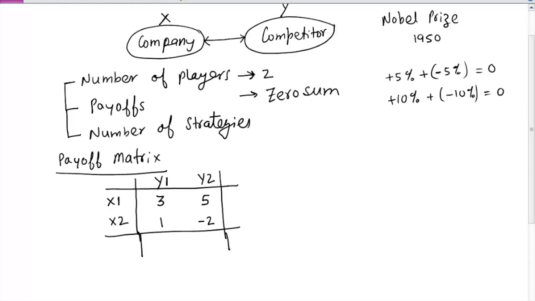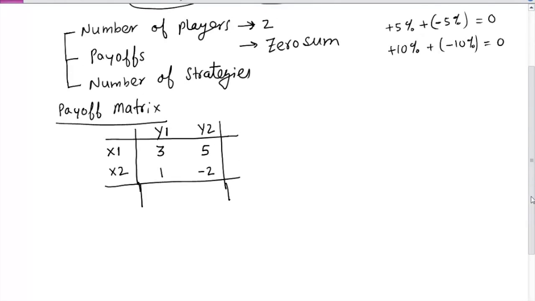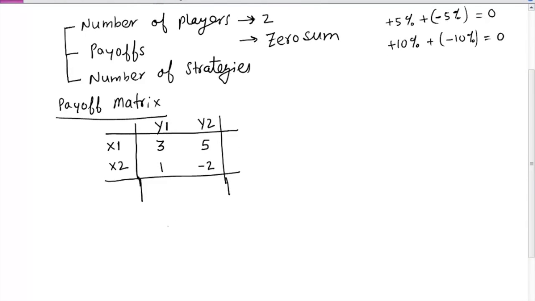So now if you consider player Y and the strategies used by player Y, when player Y chooses first strategy, what will happen is, if X chooses first strategy, Y will lose 3, and if player X chooses second strategy, Y will lose 1. So maximum possible loss for player Y is going to be 3.